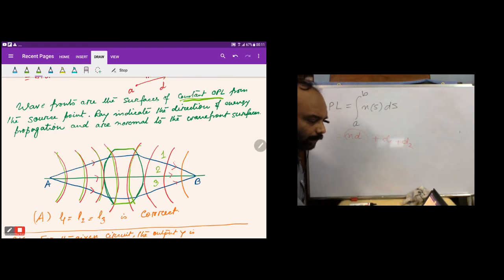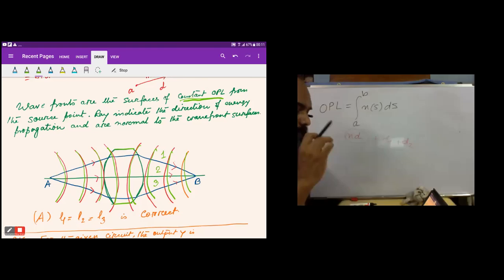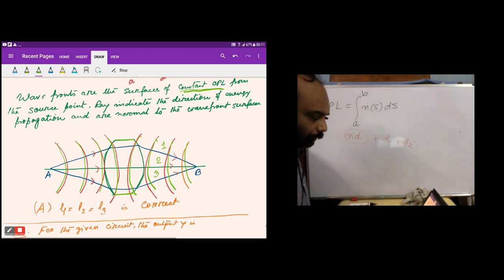So rays are indicating the direction of energy propagation, and they are normal to the wavefront surface. So optical path length for all the rays, ray number 1, ray number 2, and ray number 3 are the same. So option A is correct.